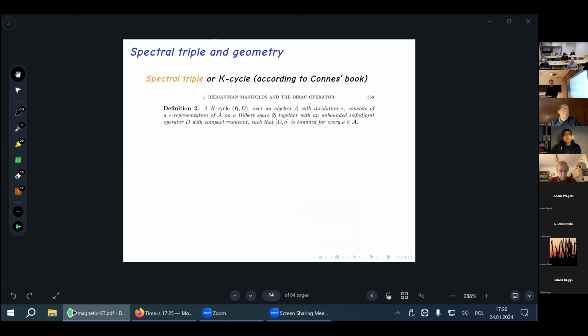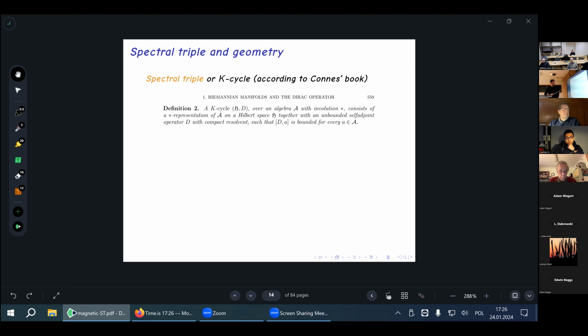Now, I know that this is a seminar in non-commutative geometry, but as I said, the idea was to be as pedagogical as I can. So let me recall what a spectral triple is. I took this definition from Connes' book. A spectral triple is given by a Hilbert space H, an operator D, and an algebra with involution, which I can represent on the Hilbert space H. I assume that it's already represented.